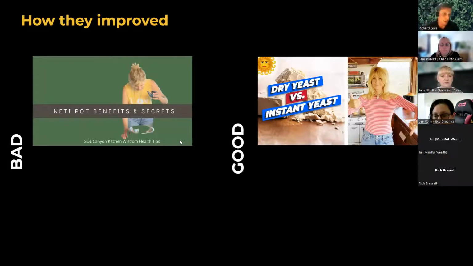This was a different video. On the left side, the video is low quality. Something is happening with the ball over here, there is no Photoshop, and the contrast and the fonts are not matching and not so clear.